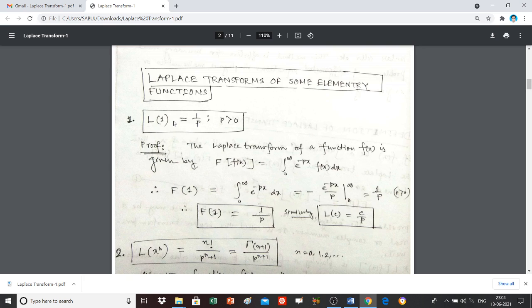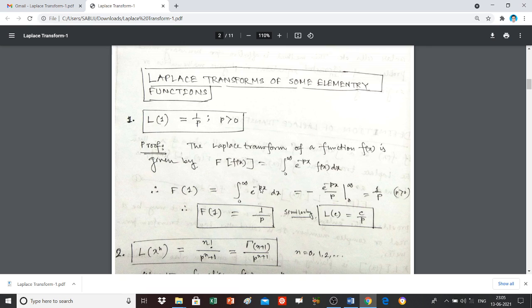In this case f(x) is equal to 1, that is a constant. So according to the definition, the Laplace transformation of 1, that is L[1], is equal to 0 to infinity e to the minus px dx, because in this case f(x) is nothing but 1, so e to the minus px into 1 into dx. So now we are here to compute the integral of this function in the limits 0 to infinity.